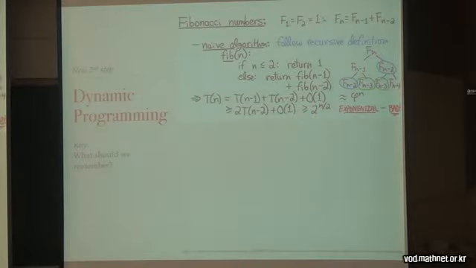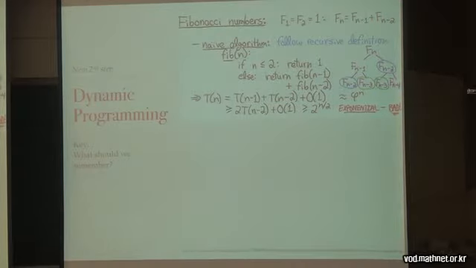If you just call it recursively and naively write a program like this, then the running time is going to be exponential. This is trivial: let's compute n-1, let's compute n-2, and add them together. You have a binary tree of depth n, so it will take exponential time.